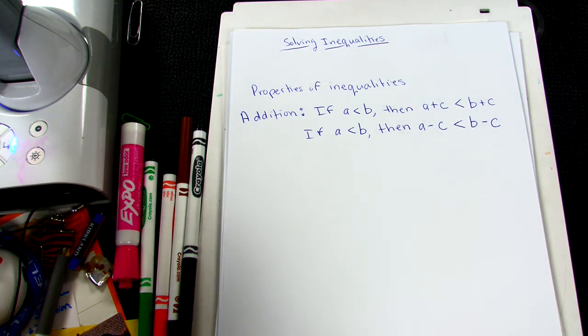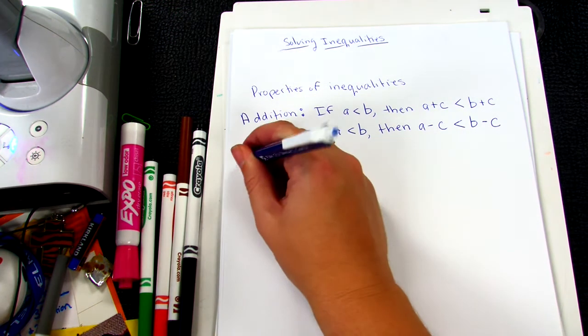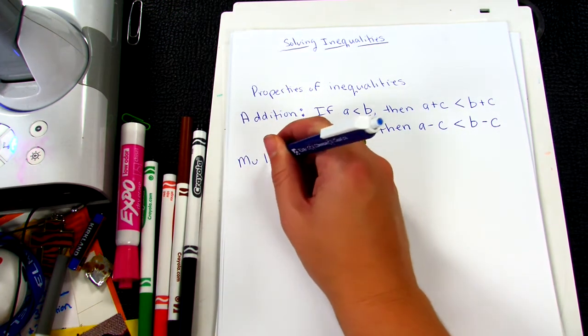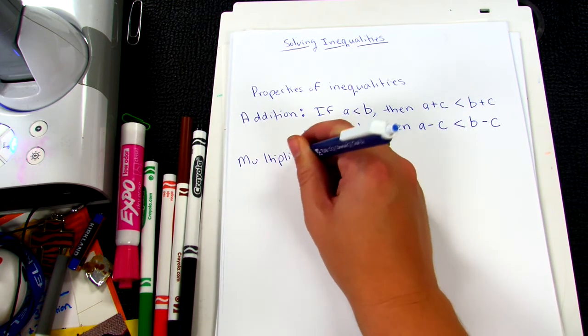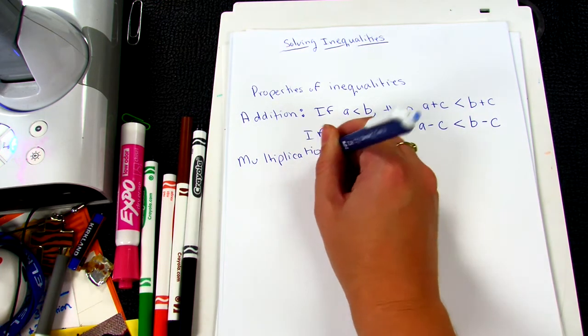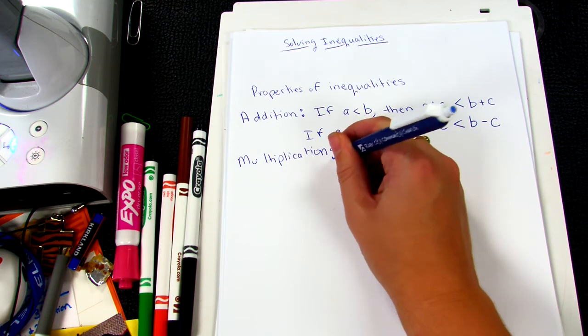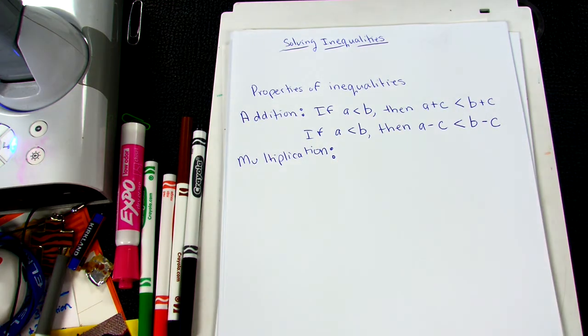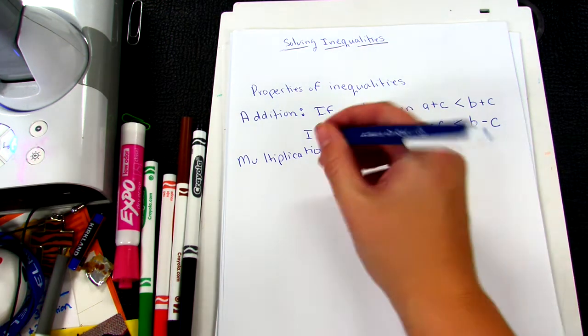So now let's take a look at the multiplication properties. Okay, so the multiplication properties say this.